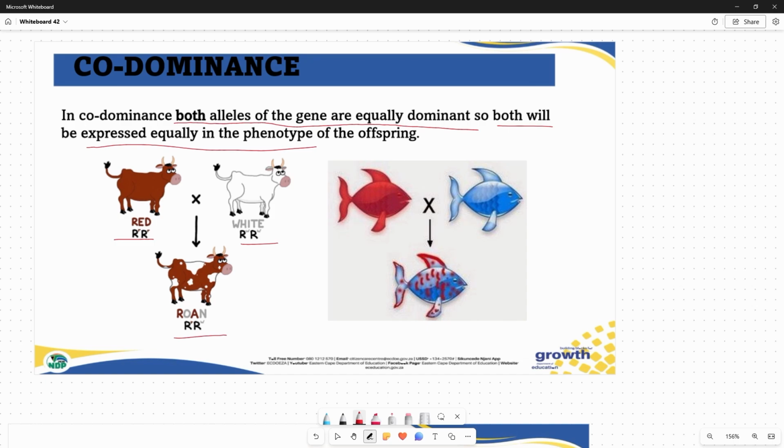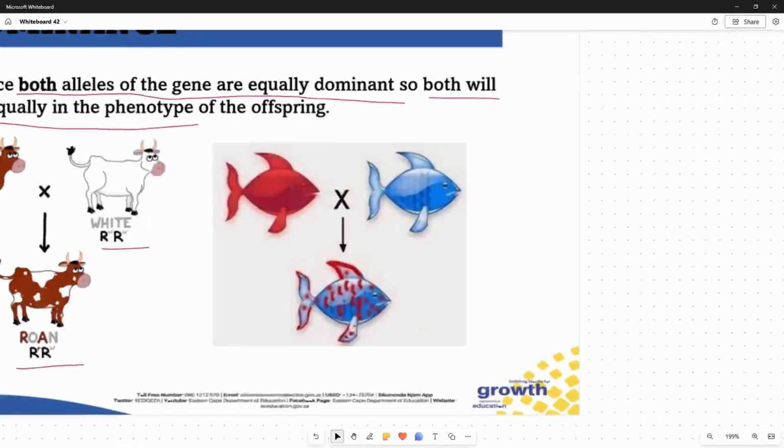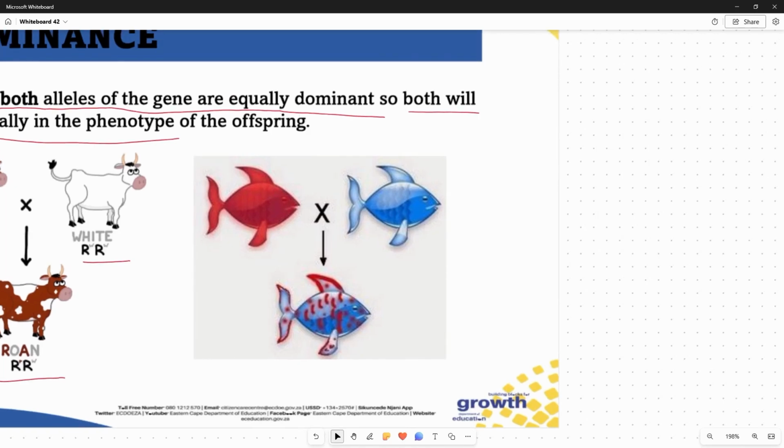It means this is an equal distribution of red and white, because remember now both of the alleles are dominant, so both of them will show in the offspring. Let's look at another example, the second picture right here. In this one we have got fish. One of the parents is red, the other one is blue, and now in the offspring we can see an equal distribution of red and blue.